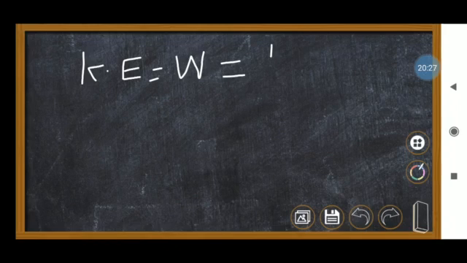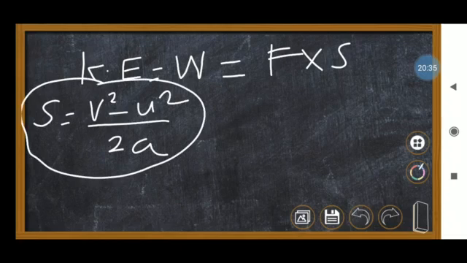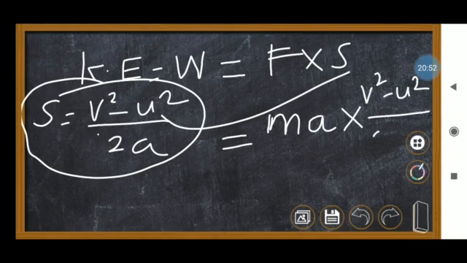Work done, what's the formula? Force into displacement. We already found that s equals v square minus u square divided by 2a, so substitute this s value here. Force equals mass into acceleration, so f equals ma. So ma into v square minus u square divided by 2a.